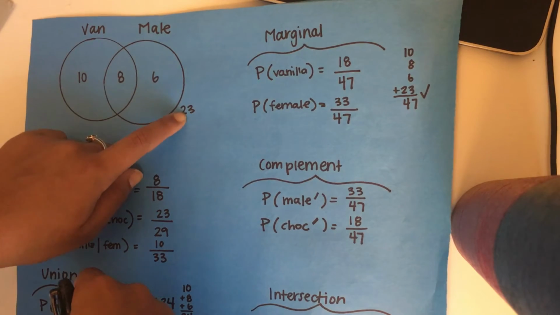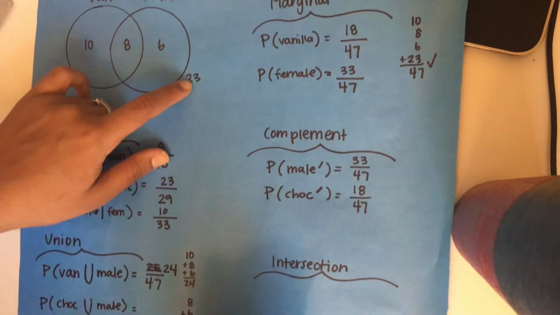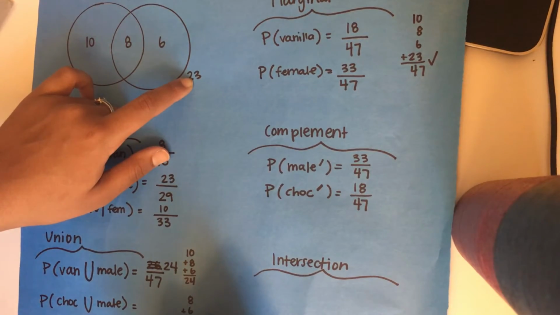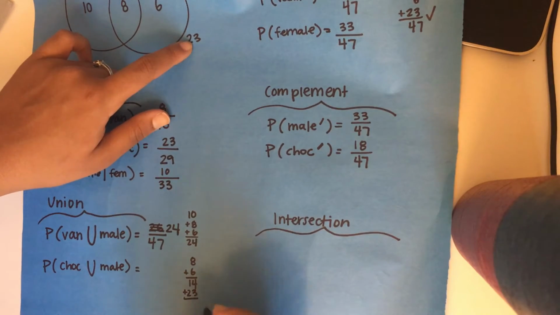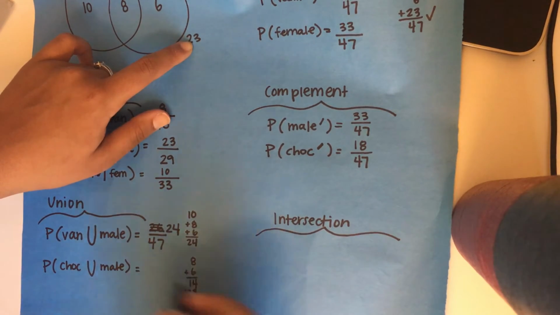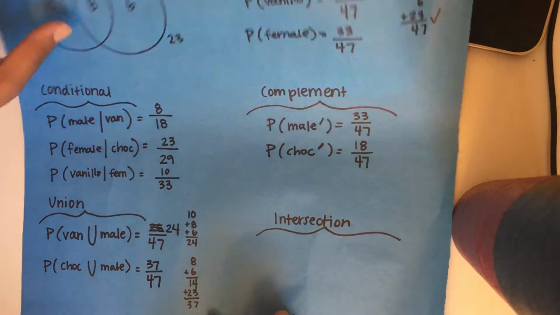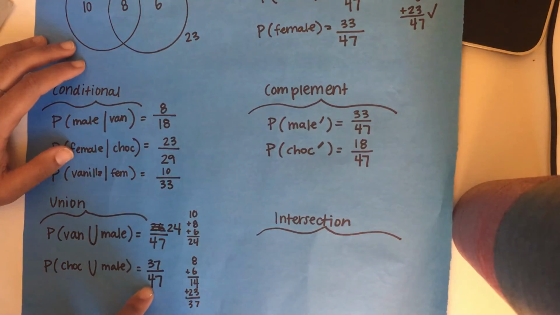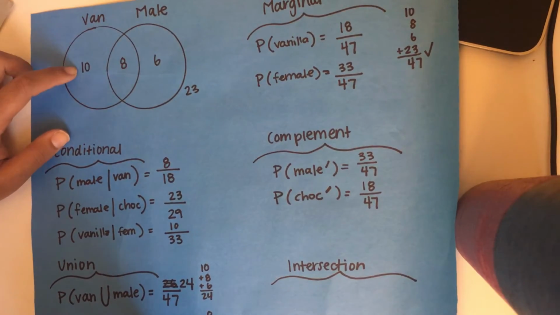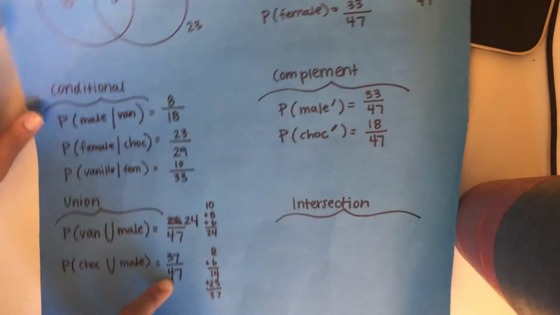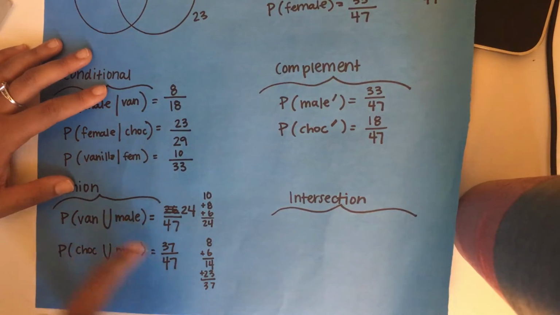So these 23, because they're not in the vanilla circle. So 14 plus 23 is 37. The only number that we're leaving out are those 10 females that like vanilla. So that is a union.